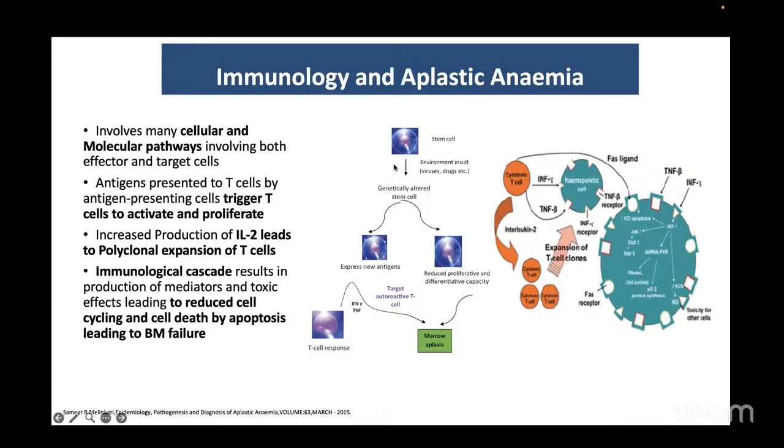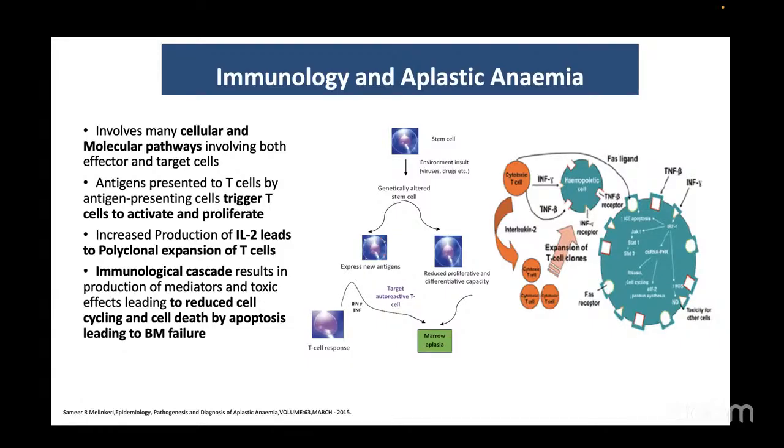Here in the flow chart, we can see beautifully how a genetically altered stem cell can express new antigens, thus leading to further immunogenicity, or it can lead to reduced proliferative potential and differentiative capacity of the stem cell, ultimately leading to marrow hypoplasia or aplasia.